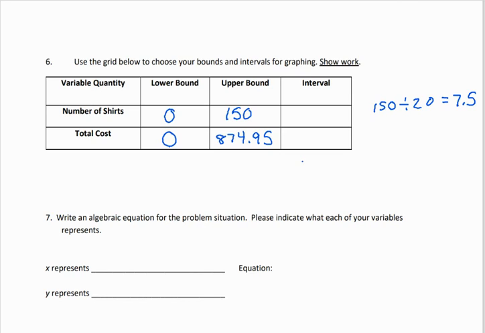Okay? So I saw two answers and either one is good. I saw people who said I want to count by eights and I saw some people who said I want to count by tens. Either one is fine with me. If you are comfortable using 8 and going 8, 16, 24, 32, that is fine.